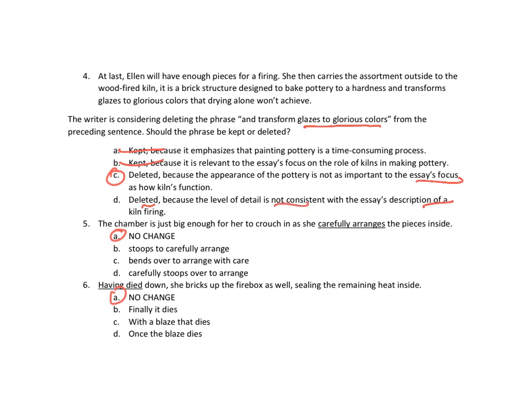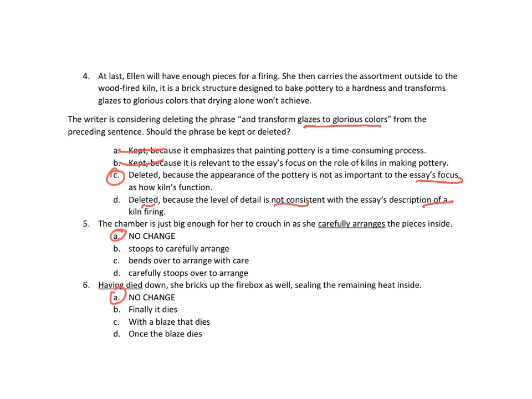Well, at this point, depending on your strategies, if you know that you can probably get done with the test, go through and read it. If you're like, I'm not going to get done, I've got to work on time, this is a lot of reading, then essay's focus or description, I would have chosen C just because essay's focus on the ACT tends to be what their questions deal with.